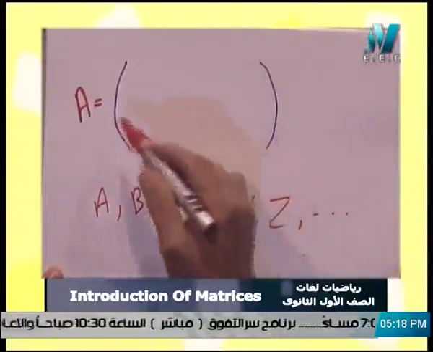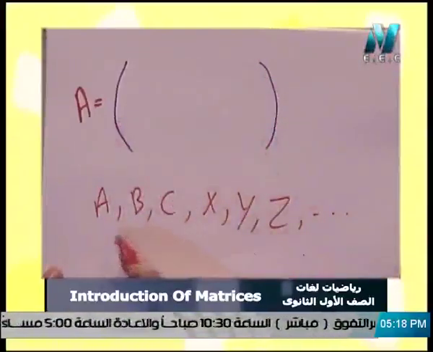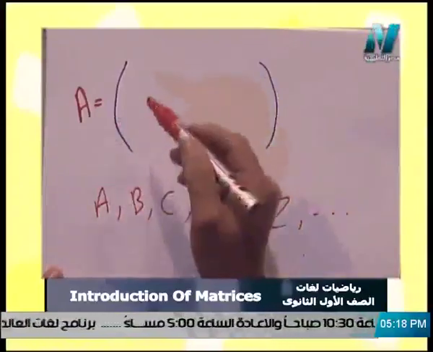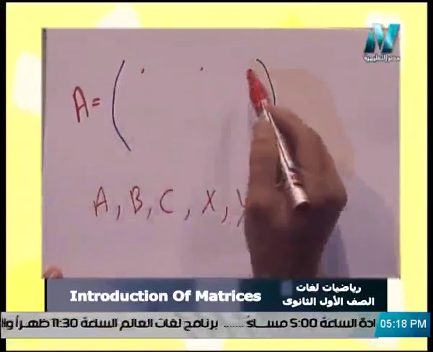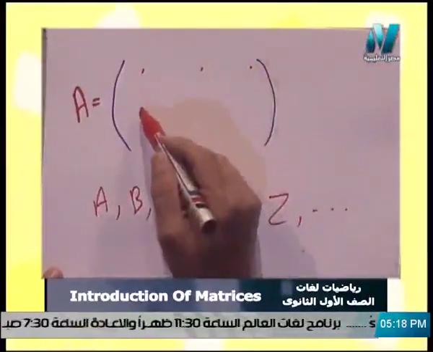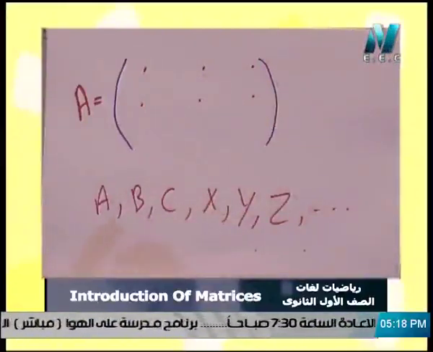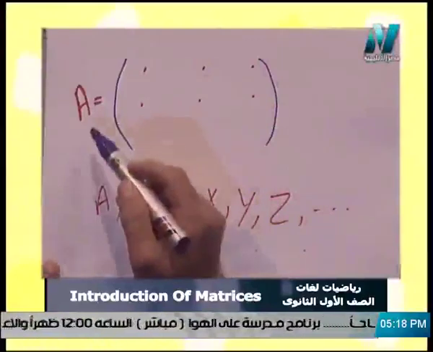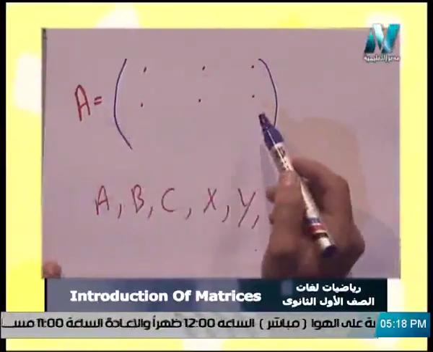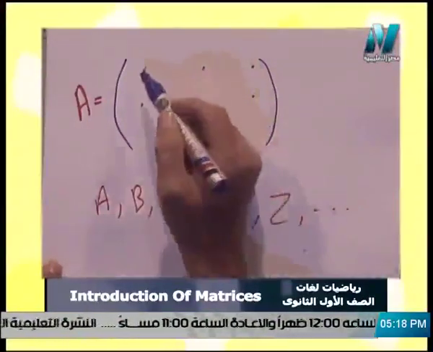These matrices, we express them by capital letters. But the elements here, we express them using small letters. Okay?